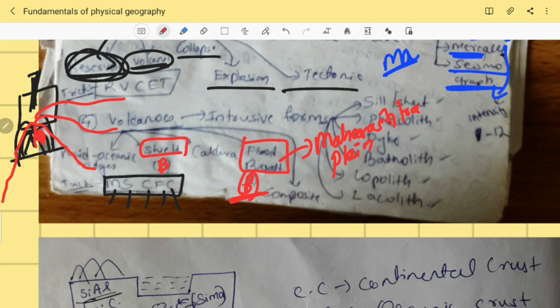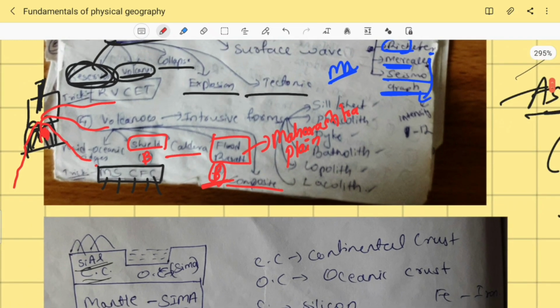That's the reason we call it a basic lava. The other three are the mid-oceanic ridge volcano, caldera volcano, and composite volcano. You need not go too deep into how these volcanoes are formed. It is sufficient to know basic lava, acidic lava, and the types of volcanoes.